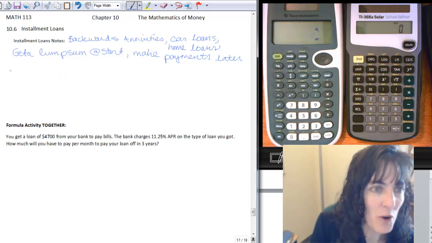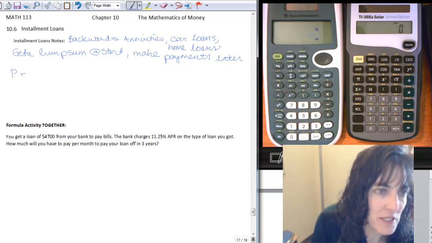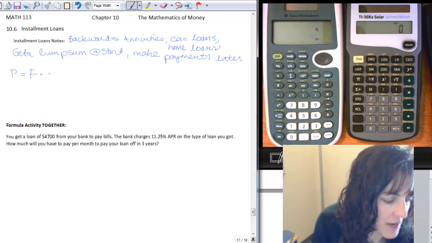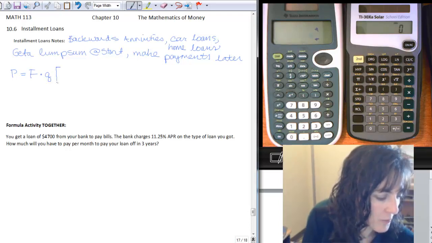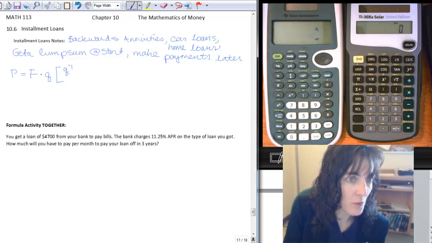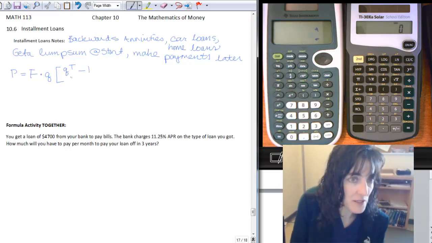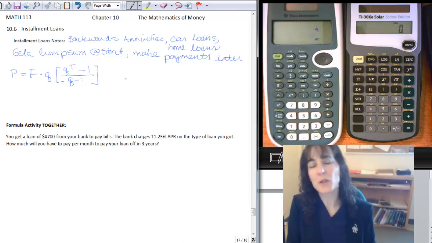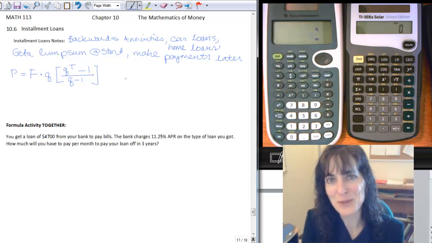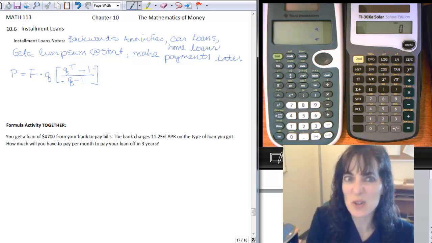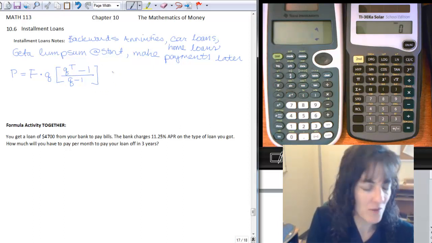Our formula for this one is a little bit different. It starts with P equals F times little q, and then little q raised to the big T, minus 1, over q minus 1. For this formula we are definitely going to need to use our store and recall buttons. It gets too complicated and our decimals always go on and on.